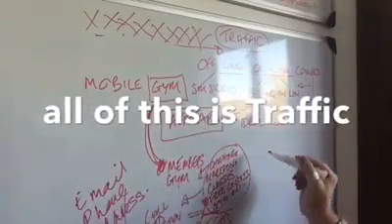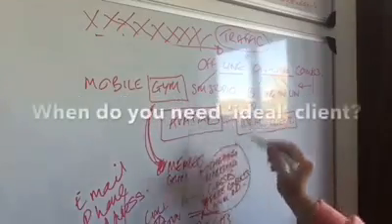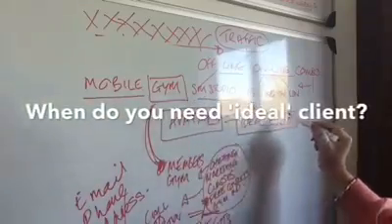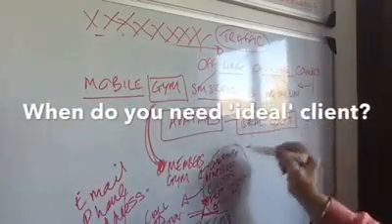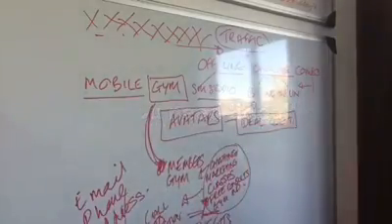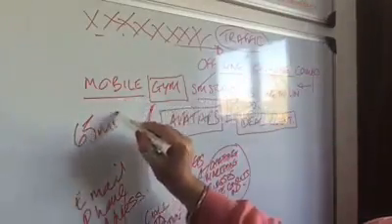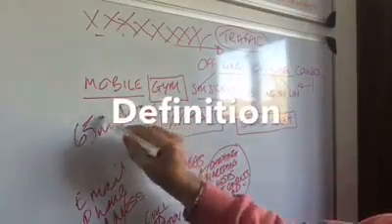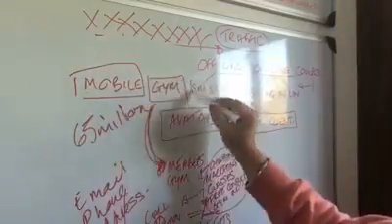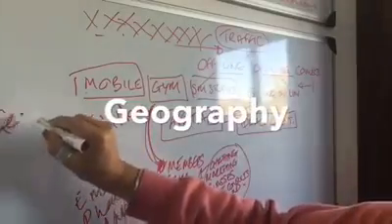But when we look at things like who our ideal client is, and in some of these situations, like being mobile, having a small studio, or being online, we can't target everyone, because even within the UK, the total population is now 65 million. So we have to have some kind of definition. Now, if we're working mobile or in a small studio, one of the definitions would be geography.